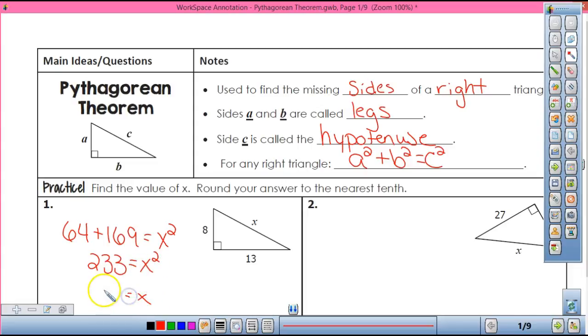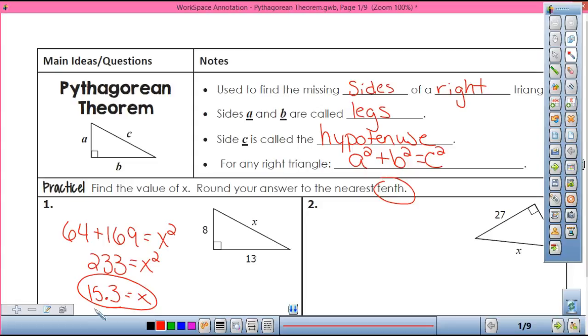X is... They're going to want your answers to the nearest tenth. So 15.3. Alright, you need to show this much work.